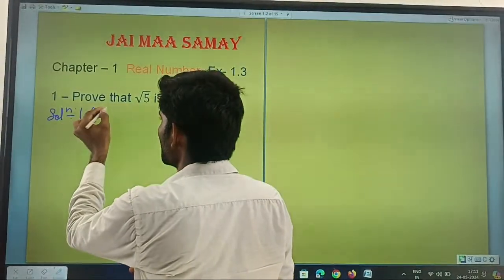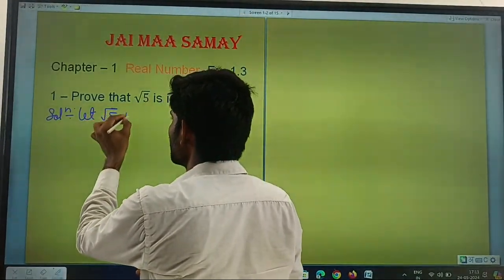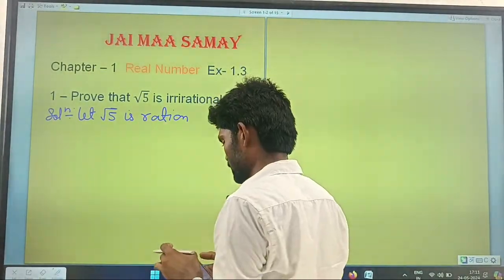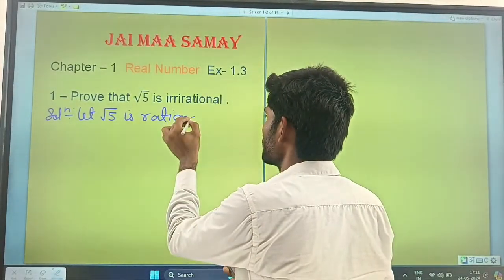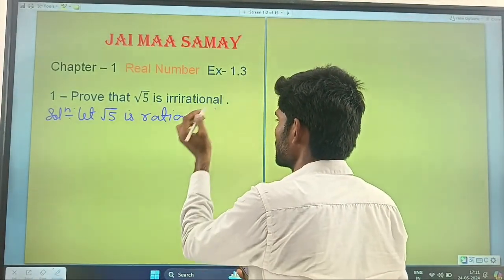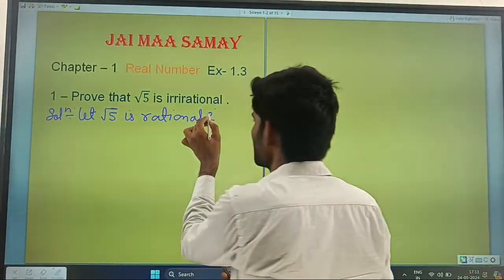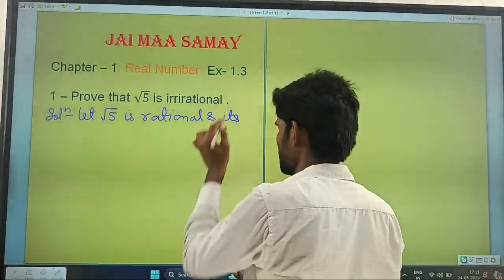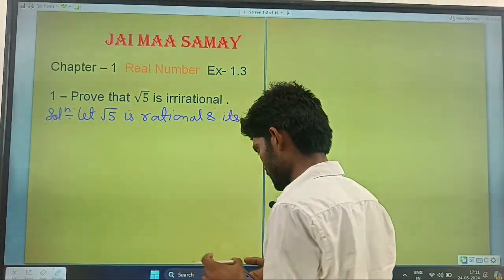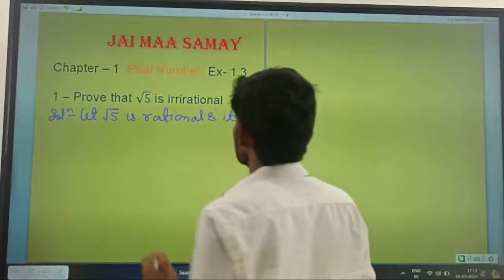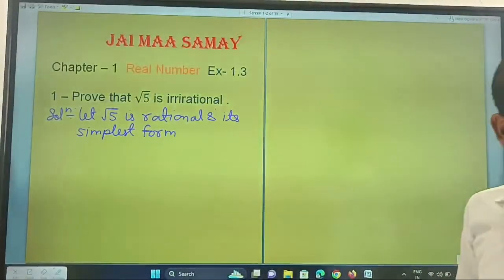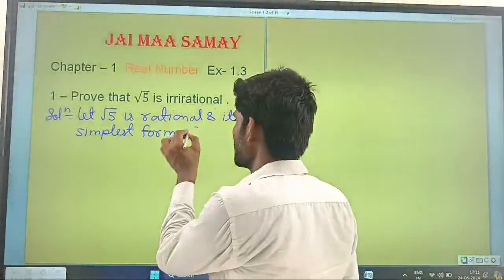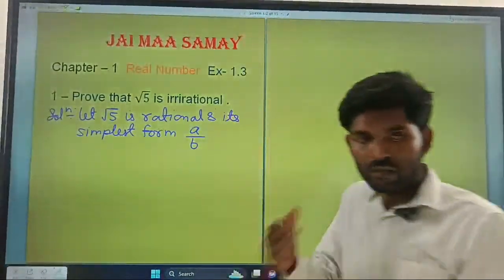Let under root 5 be rational, in its simplest form A upon B. Clear?